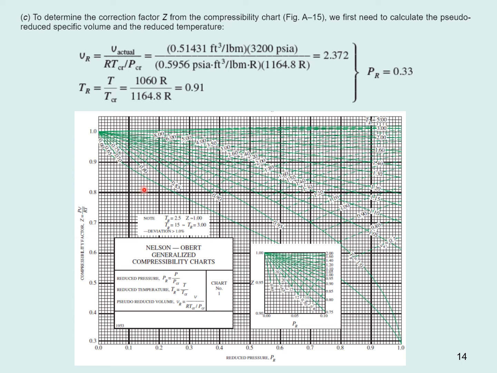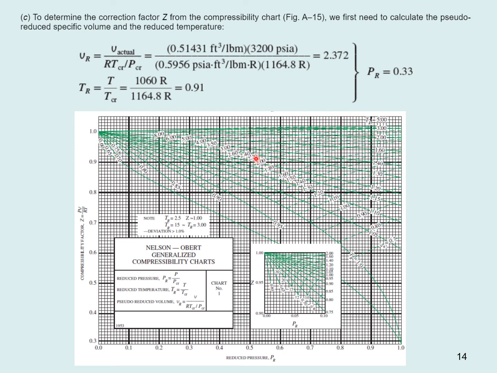So how do you read this thing? It's a difficult chart, and I've shrunk it down a little bit, but even so, it's still difficult to read. First thing you want to come to is the reduced volume, 2.372. You can see the values here. Here's a V_R equals 0.7. Those are the reduced volumes.